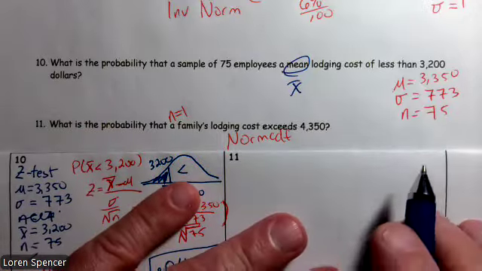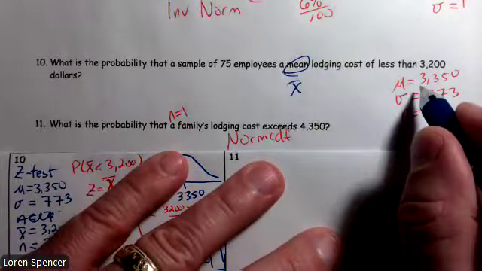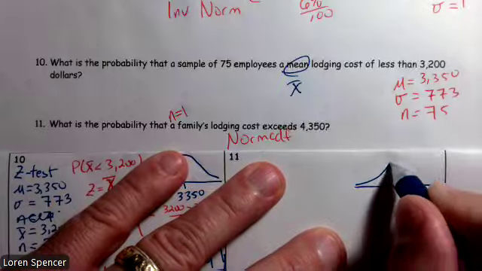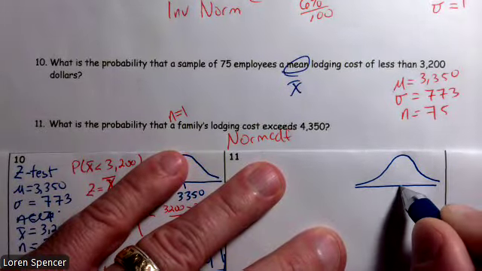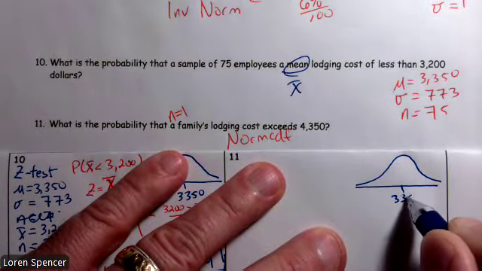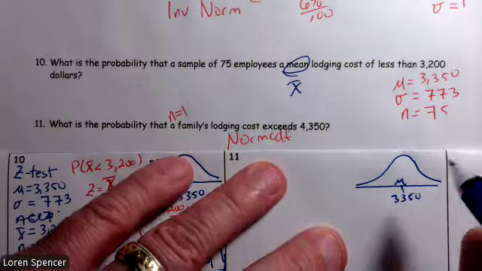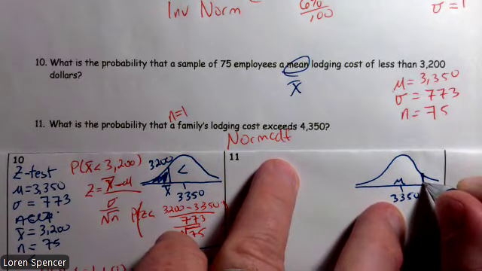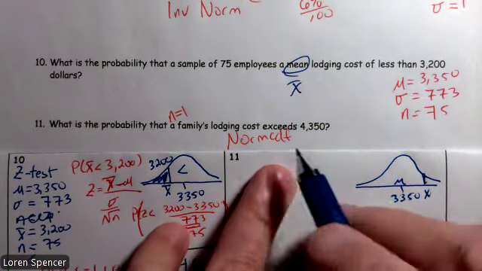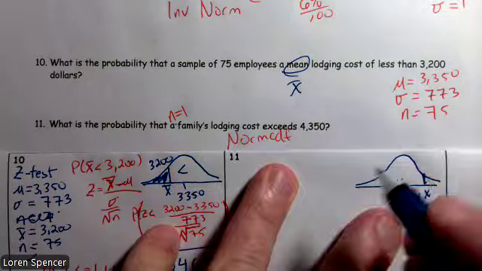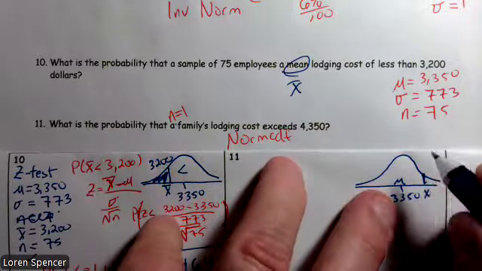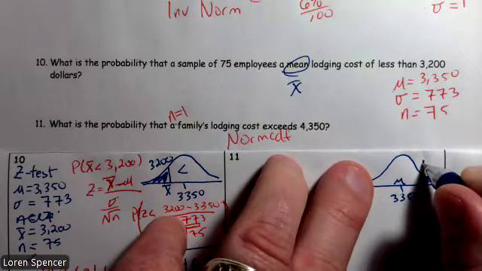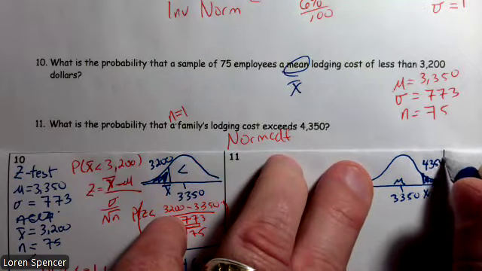So we can see from previously that our mean was 3,350. And I'm looking for an X, not an X bar. If n is 1, it's just an X of 4,350.